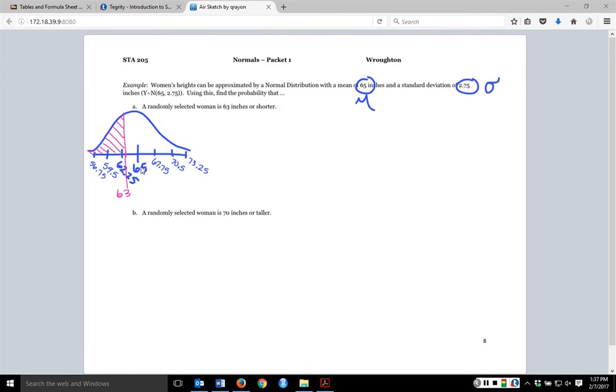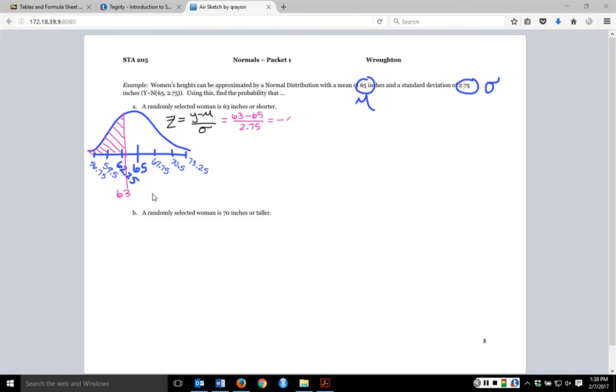Alright, a little reminder of our Z formula. Z is Y minus mu over sigma. I have my mu, I have my sigma, and my Y is the number I'm actually interested in. So for us, that's 63 minus 65 over our standard deviation of 2.75.